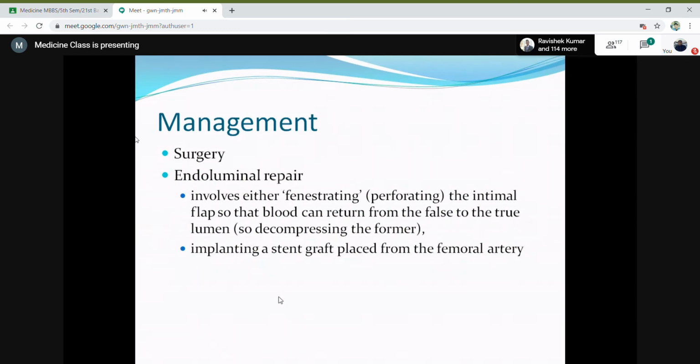It involves either fenestrating or perforating the intimal flap so that blood returns from the false lumen to the true lumen, and implanting the stent graft, as is done in endovascular aneurysm repair, from the femoral artery. So these are the interluminal repairs.